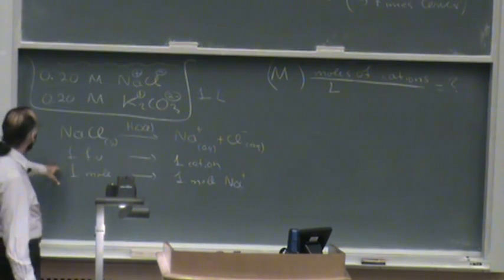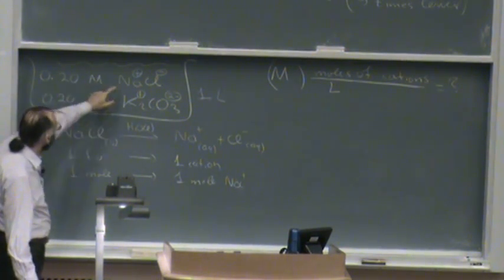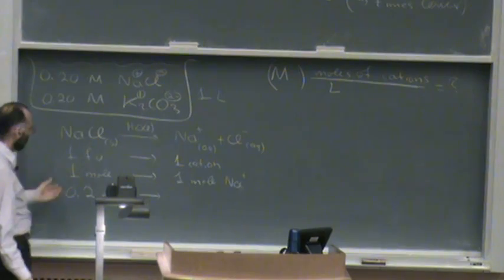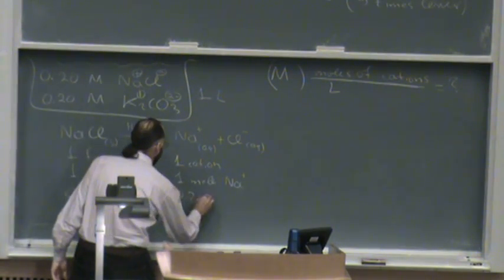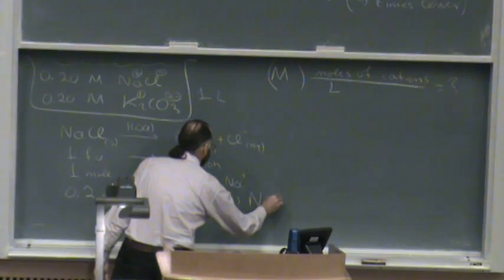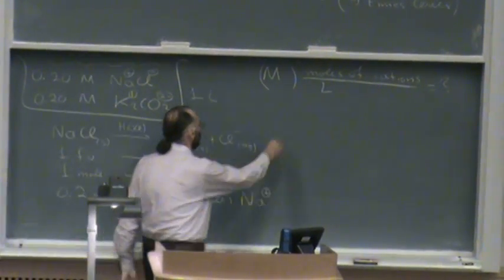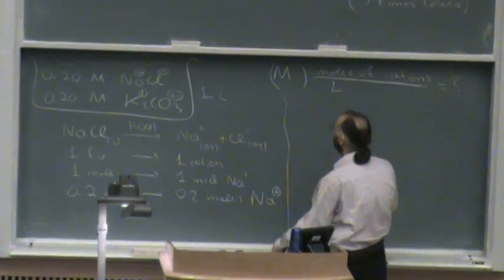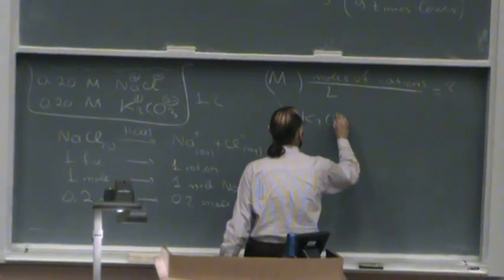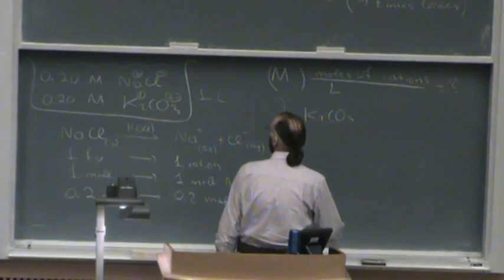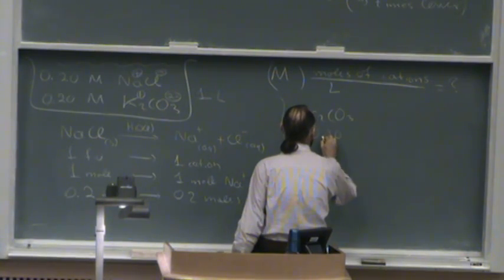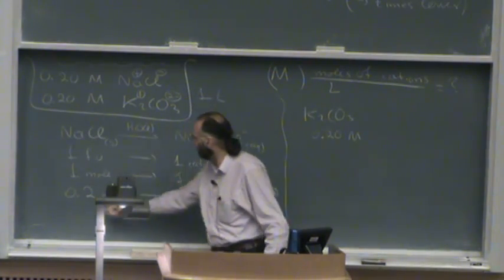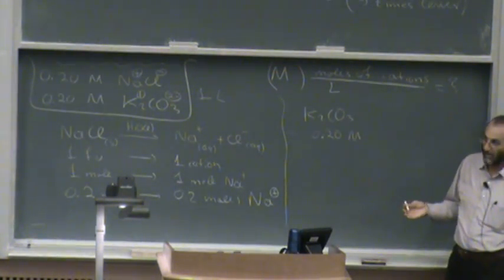If it's per liter, when we have 0.2 moles per liter of this, how many are you going to get? If it's 1 to 1, you will get 0.2 moles of sodium plus. That's it. You understand this? If you understand this, we can do the other one faster, right? We take the other one, K2CO3, potassium carbonate, which is 0.20 moles per liter. If you do exactly the same thing here, you don't have to do the whole thing now, right?